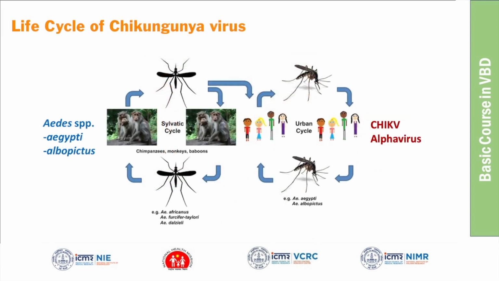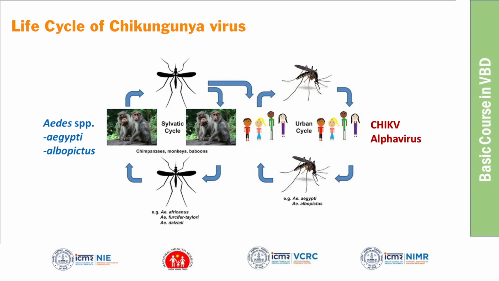In case of chikungunya virus, which is an alphavirus, I hope you remember in 2006 and 2007, there was a huge outbreak of chikungunya virus in the country, and several districts of Kerala were very badly affected.